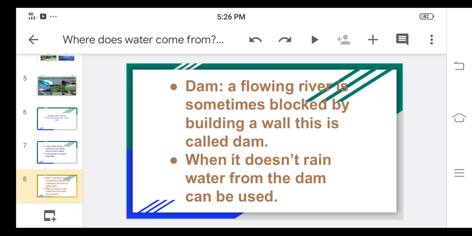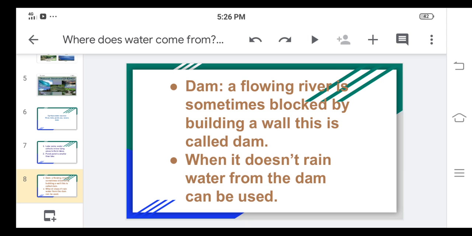Whatever water is present in this river is blocked by one dam, that is Vishnupuri dam. The water present in the river should not flow away, so the wall built over that water is called a dam.